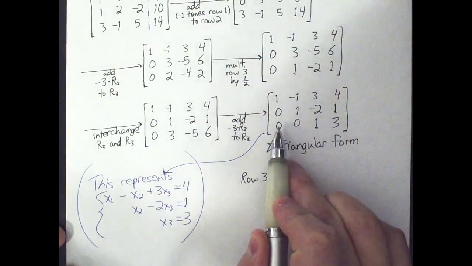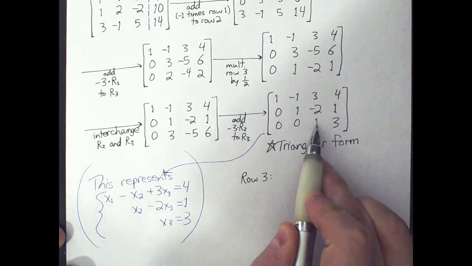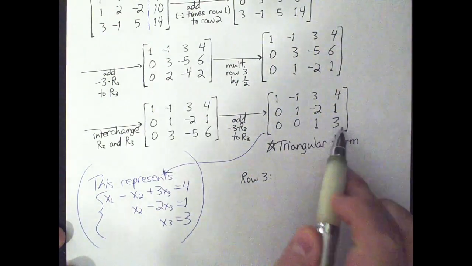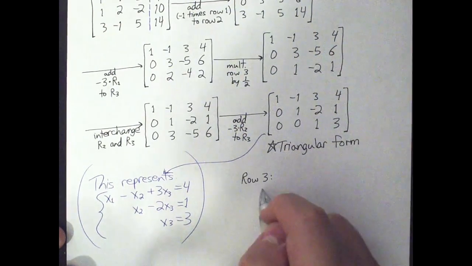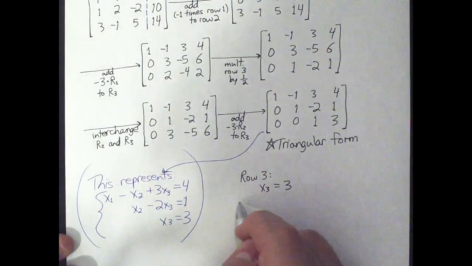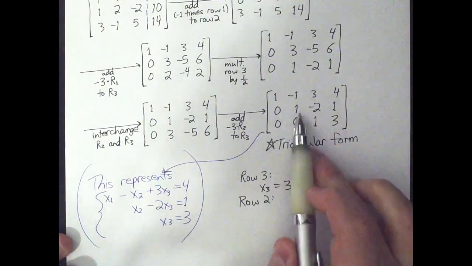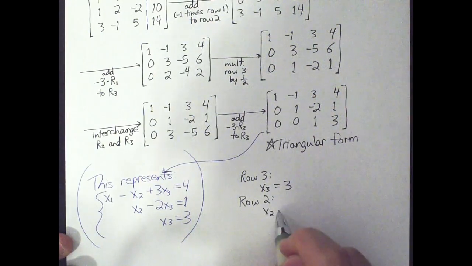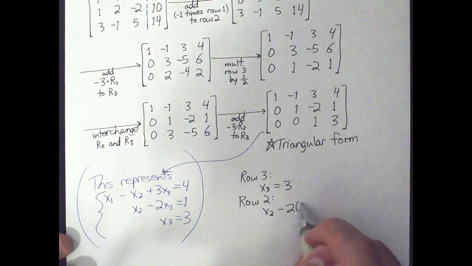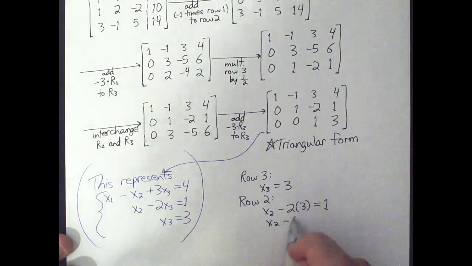From row 3, I can see that it's telling me 1x3 equals 3. x3 equals 3. And then from row 2, I can tell that it's saying x2 minus 2 times x3 equals 1. So x2 minus 6 equals 1. So x2 equals 7.